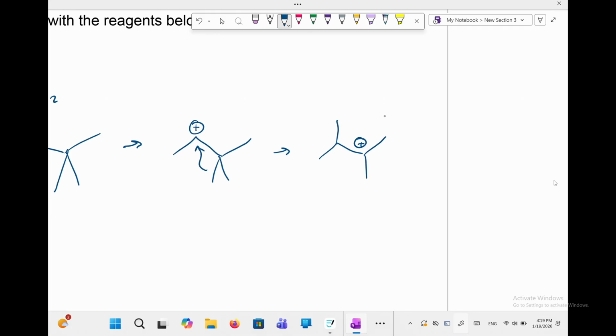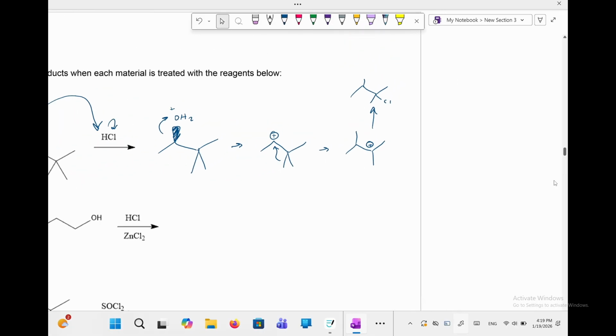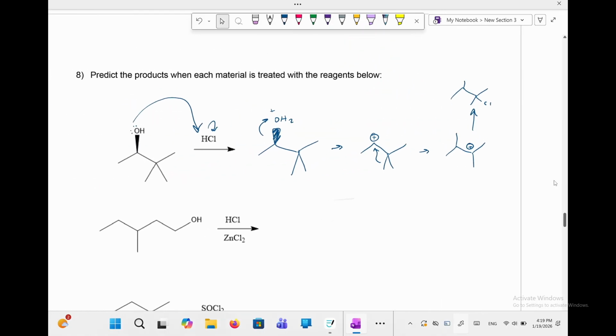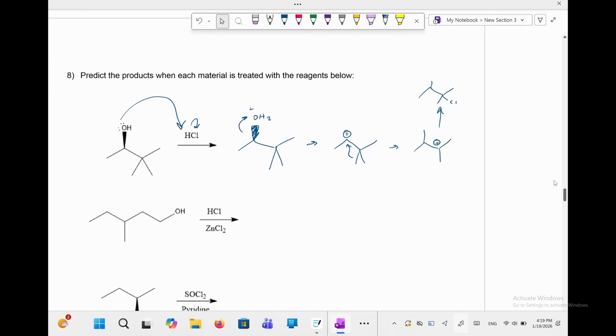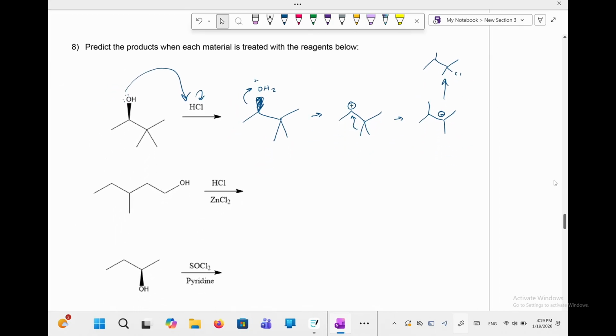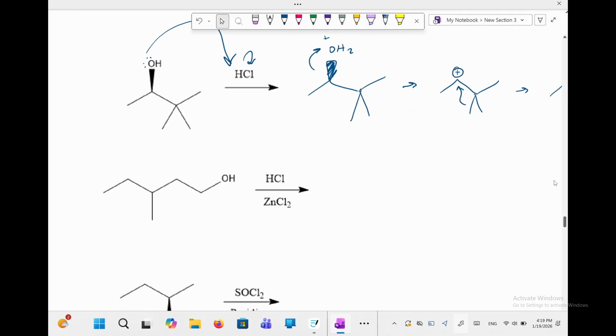Chlorine, being a good nucleophile, can attack and make an alkyl halide. There we go, that really is what we're doing here. We're just going to predict the products. If you have a hard time predicting the products without a mechanism, do the mechanism. Do what helps, do what works for you.